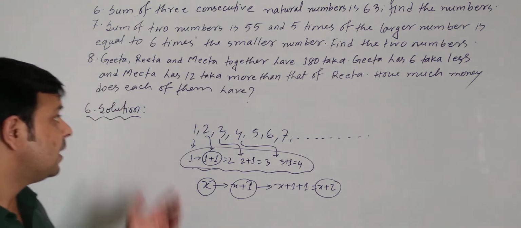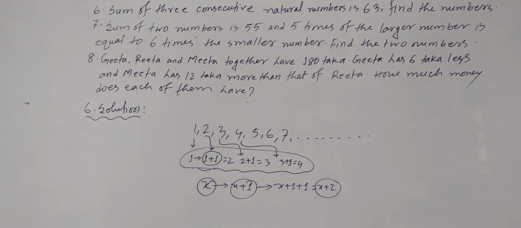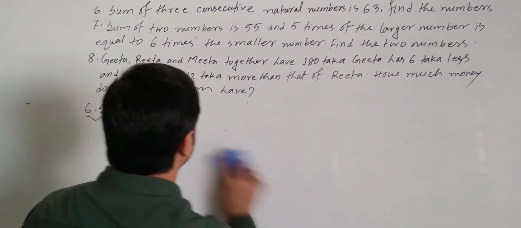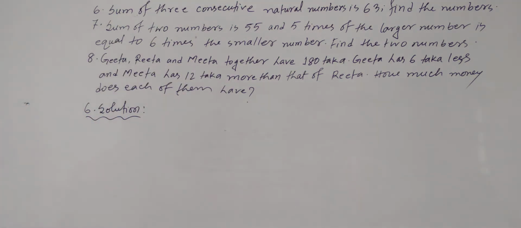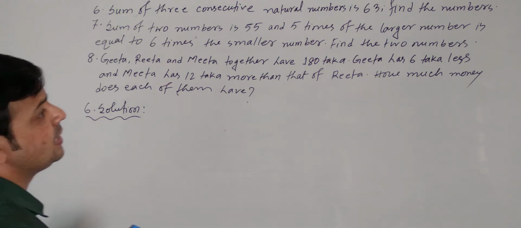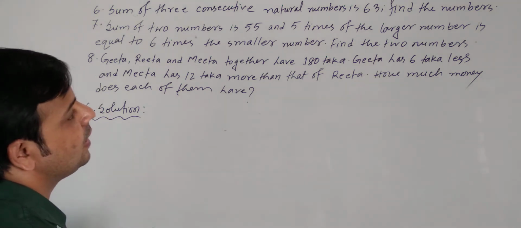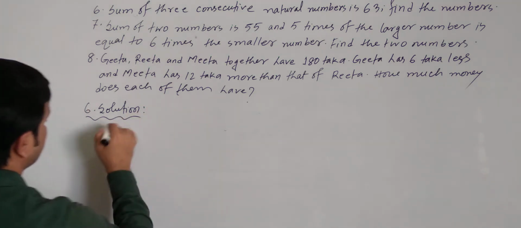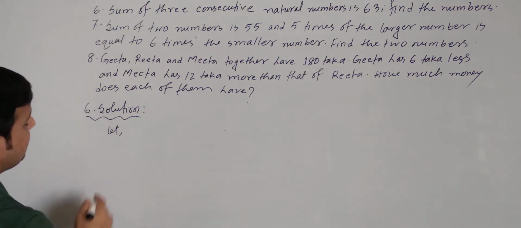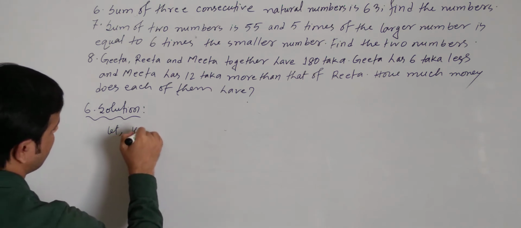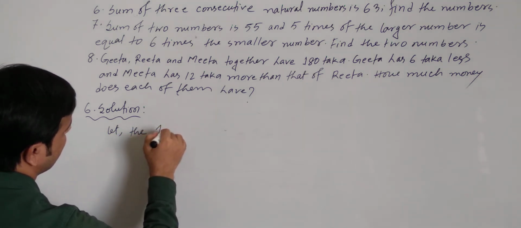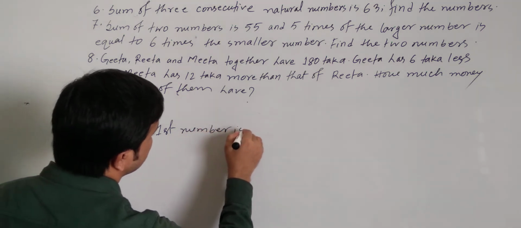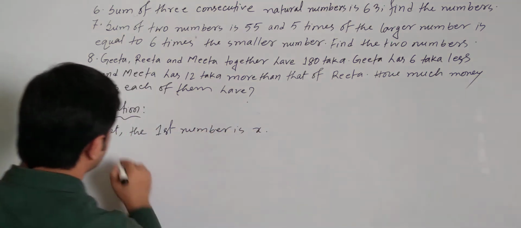Okay dear students, let us solve the question. Here the sum of three consecutive natural numbers is 63. Find the numbers. Let the first number be x.